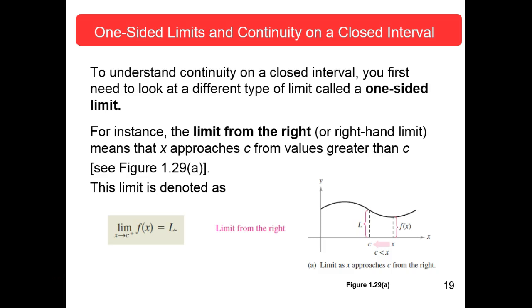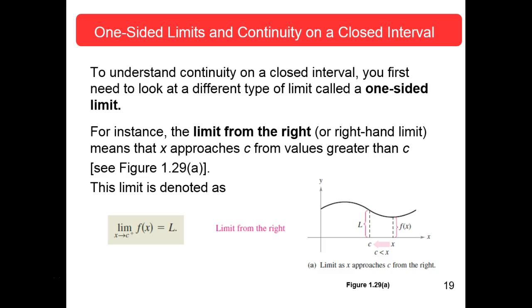So, to understand continuity on a closed interval, which I thought is what we've been doing all along, you first need to look at a different type of limit called a one-sided limit. For instance, a limit from the right, or the right-hand limit, means that x approaches c, whatever that value is, from values greater than c, coming in this way, sorry, I pointed the wrong way.